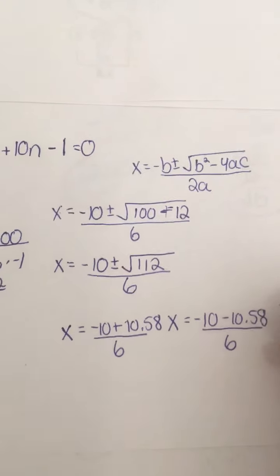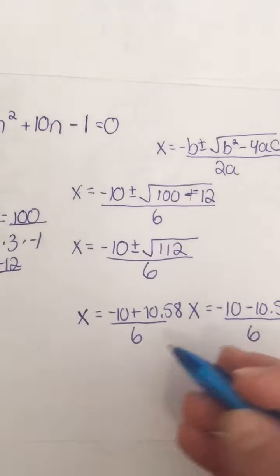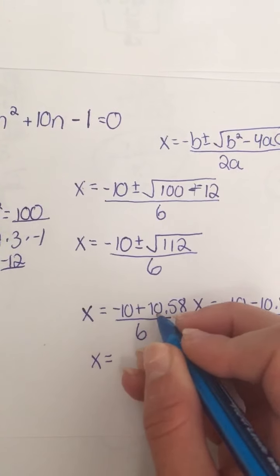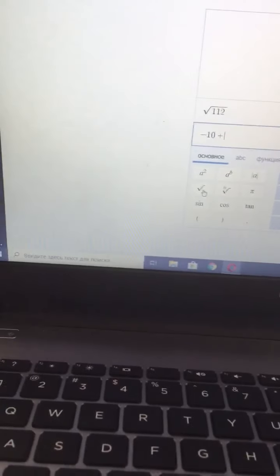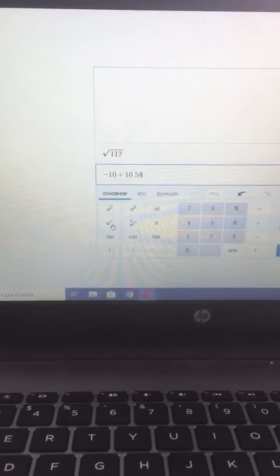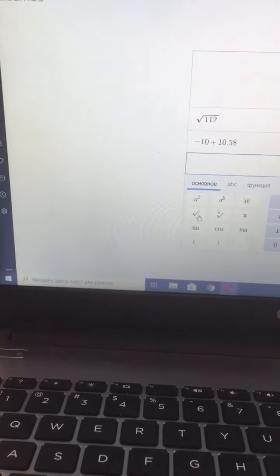And now to actually figure these out, you would just type them in your calculator. So negative 10 plus 10.58 over 6. So I'm just typing on the keyboard, negative 10 plus 10.58. Oh, I'm sorry. You know what you can actually do?